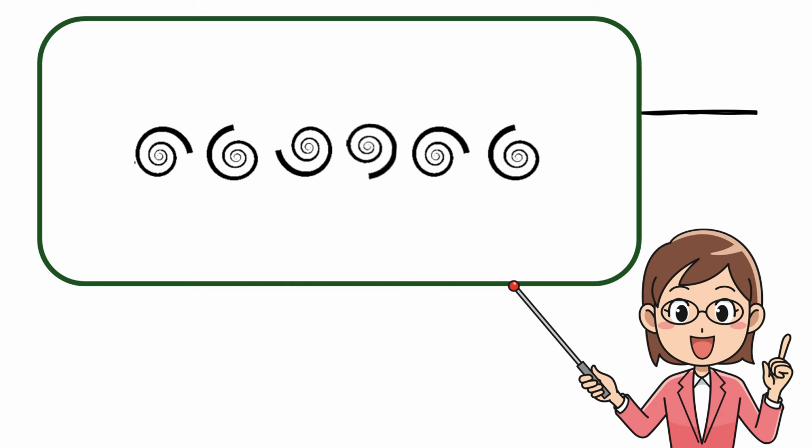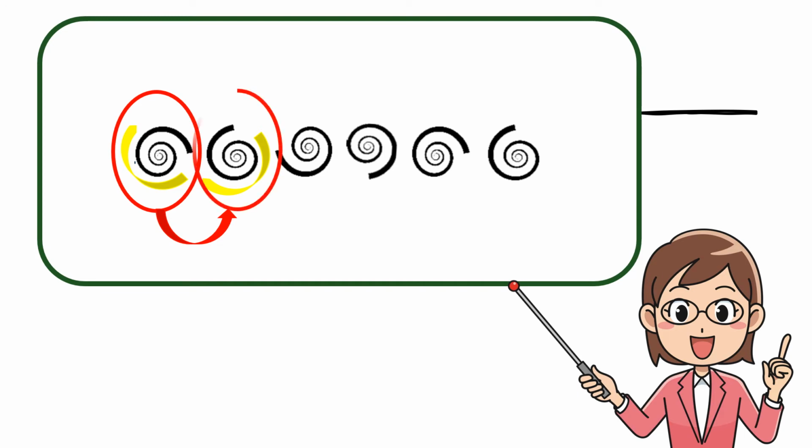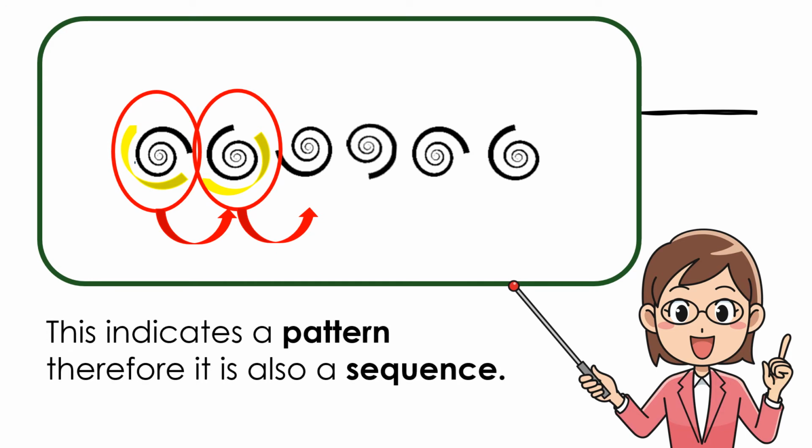Now, observe that if we add this amount of whorl, then this whorl becomes the second whorl. And if we add the same amount of whorl, then this becomes the third whorl, and so on. Thus, this indicates a pattern, therefore, it is also a sequence.